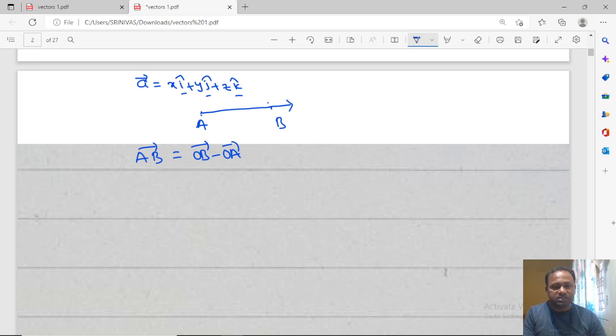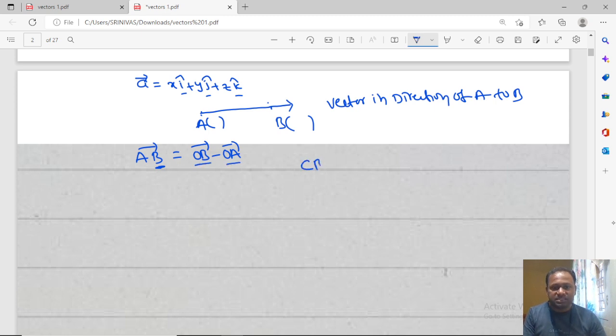Suppose A is the given point and B is the given point, then the vector in the direction from A to B means we start here: OB bar minus OA bar.